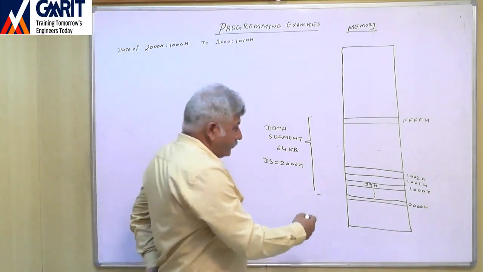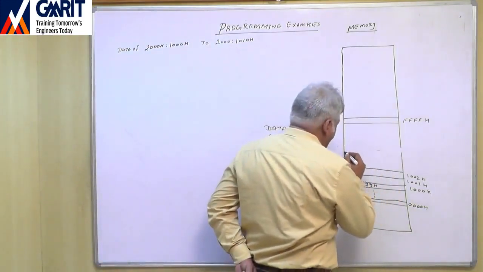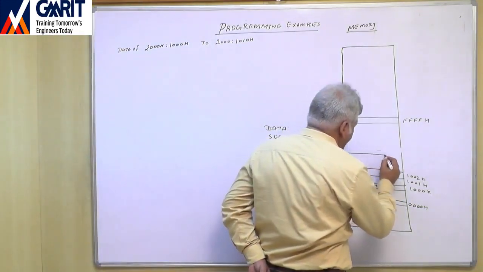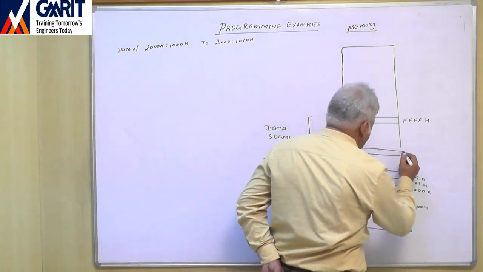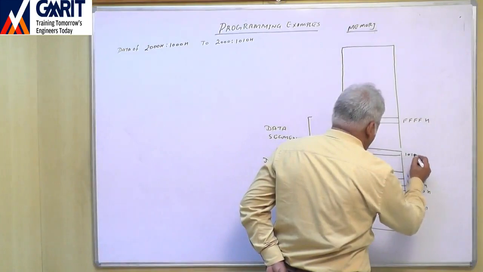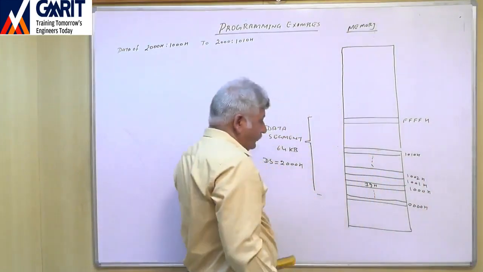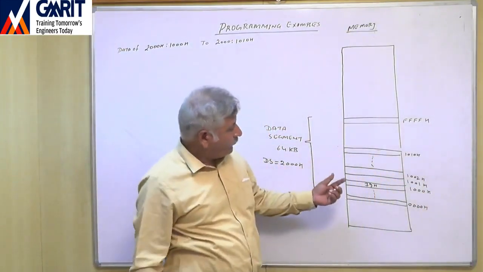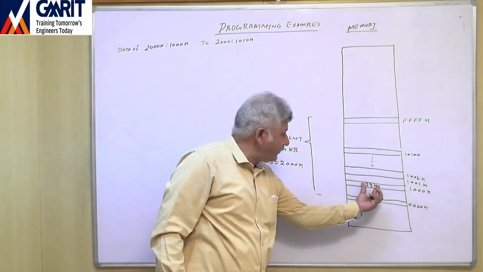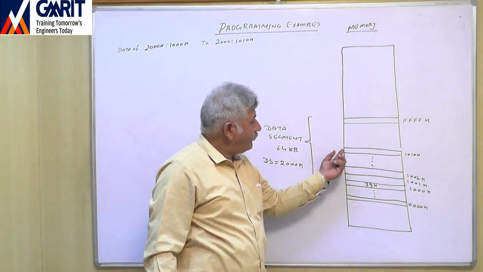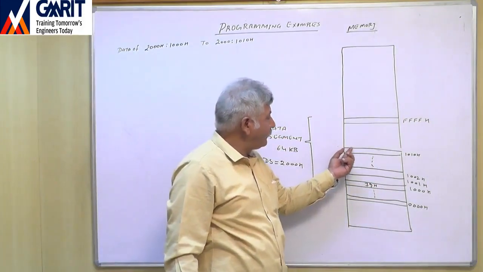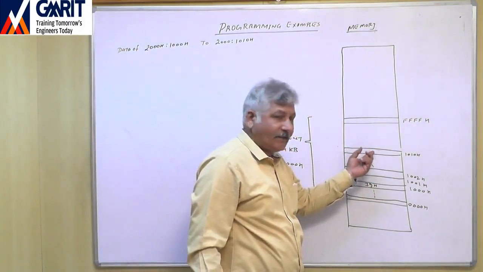So the 1010H offset address we will find somewhere here. So we want to transfer the data which is at offset 1000H to 1010H.